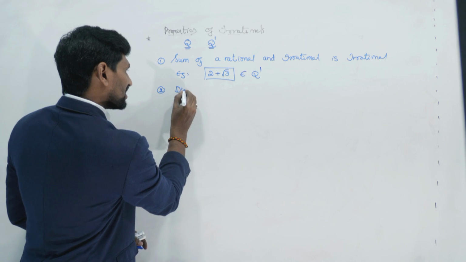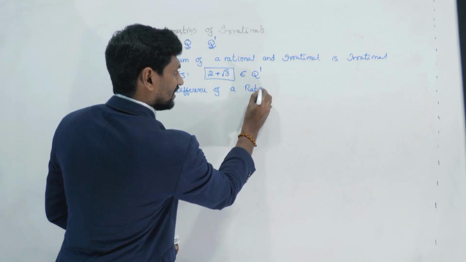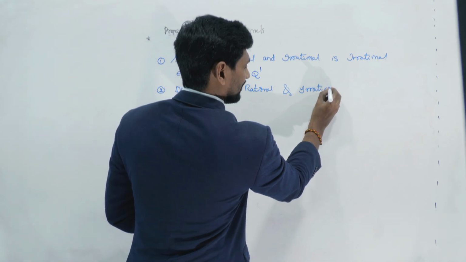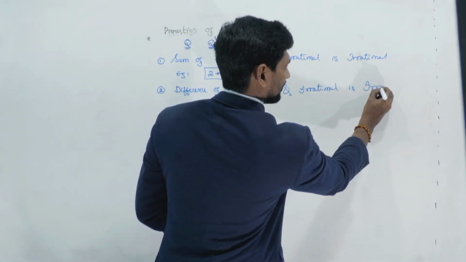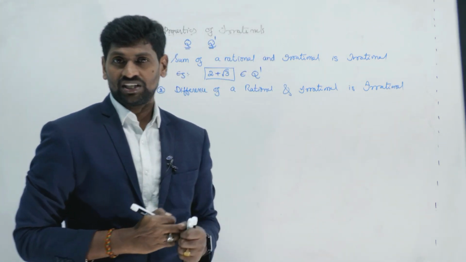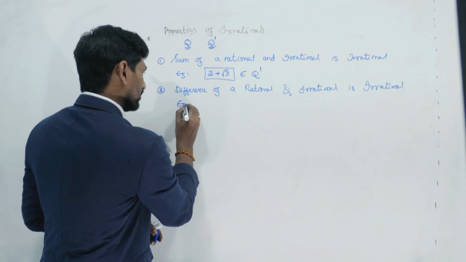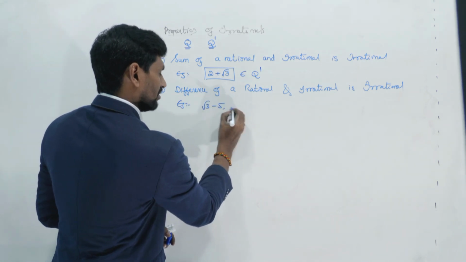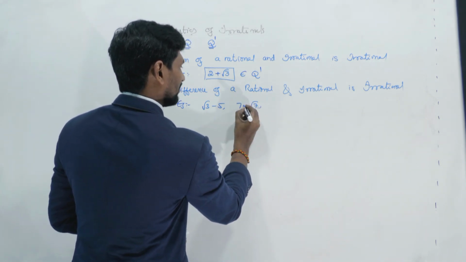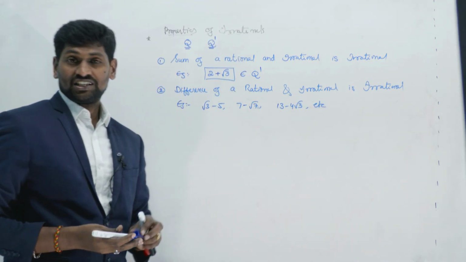And the difference of a rational and irrational number is also irrational. Sum of a rational number and an irrational number is irrational. Difference of a rational and irrational is also irrational. Examples: root 3 minus 5, 7 plus root 7, 7 minus root 7, 13 minus 4 root 3, etc. These are all irrational numbers.